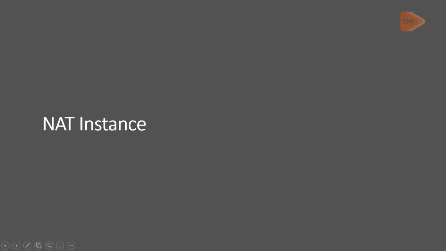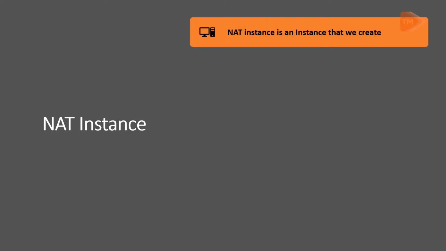Now let's first discuss the NAT instance before going forward. So what is a NAT instance? A NAT instance is an instance that we create. There are the NAT gateway and the NAT instance, and the NAT instance was there prior to the NAT gateway.